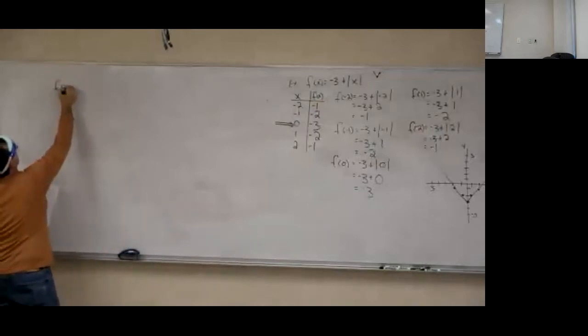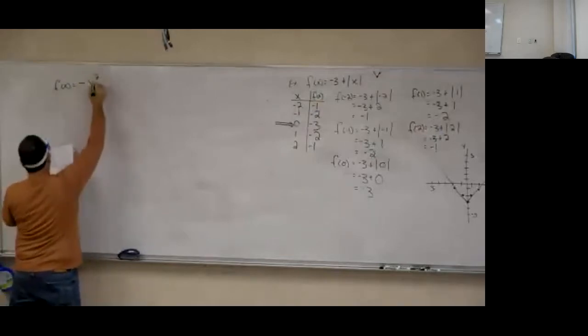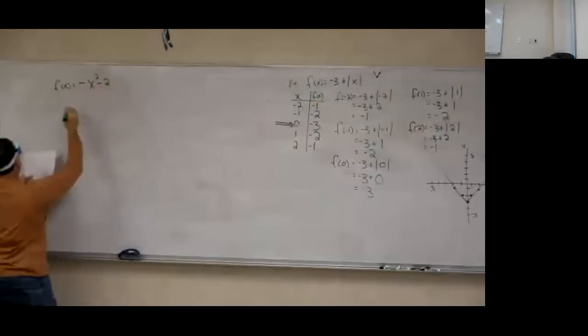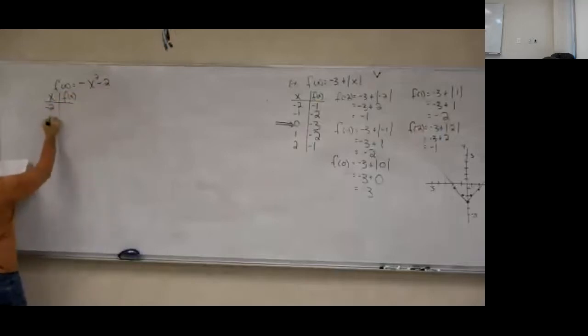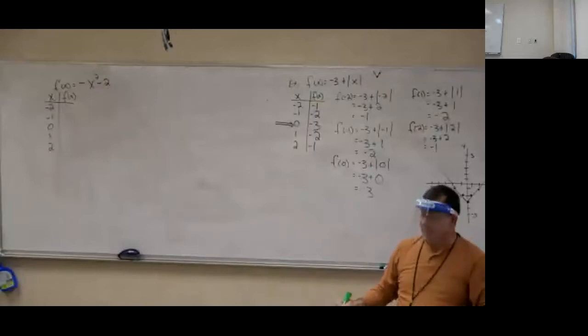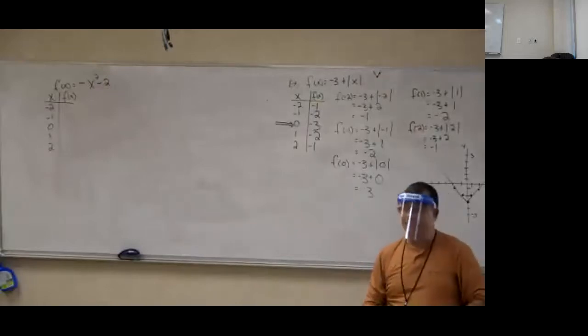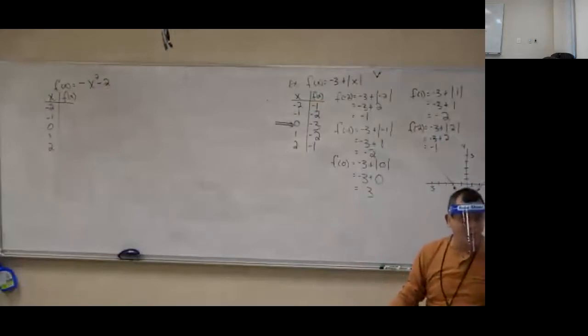F of x will equal negative x squared minus 2. Negative 2, negative 1, 0, 1 and 2. So anytime they're giving you 5 numbers, they really want you to see the symmetry they got. I'll tell you what, that negative being in front of that x squared makes this probably the trickiest one I'll do on the board today.